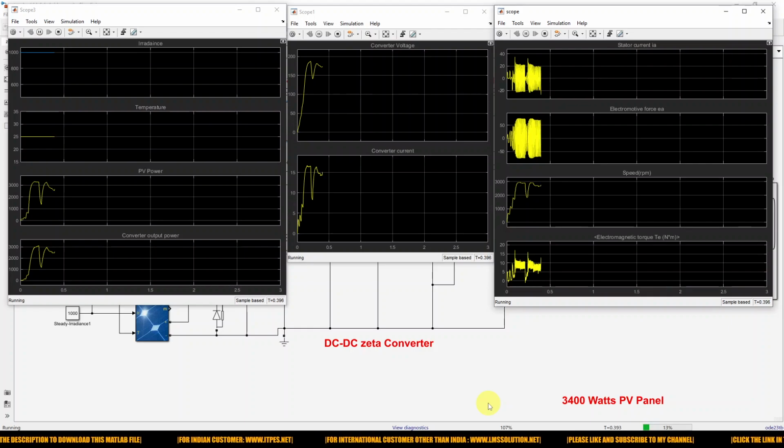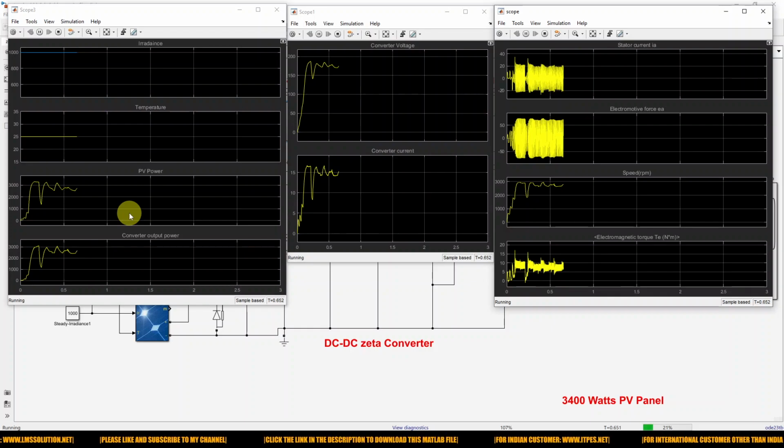So we need to check the response of the system under PSO MPPT, and then check the response of the PV power of the PV panel. Here you can see the same response: whatever power is available in the system will be delivered to the BLDC motor. We will wait for 1 second.